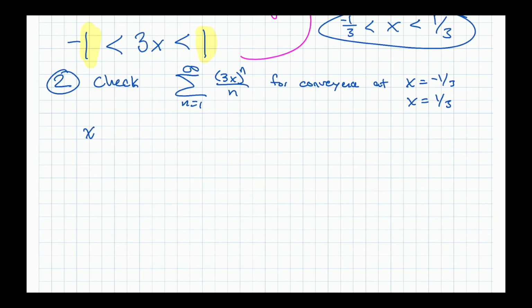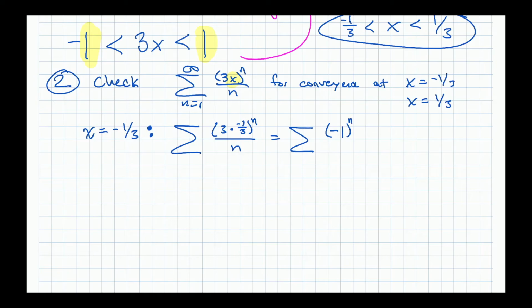So you just say, okay, let's check the first one, negative 1/3. You just put x equals negative 1/3 in for the x. So you get the sum of (3 times negative 1/3) to the n over n, which is, 3 times negative 1/3 is negative 1, so (negative 1) to the n over n.